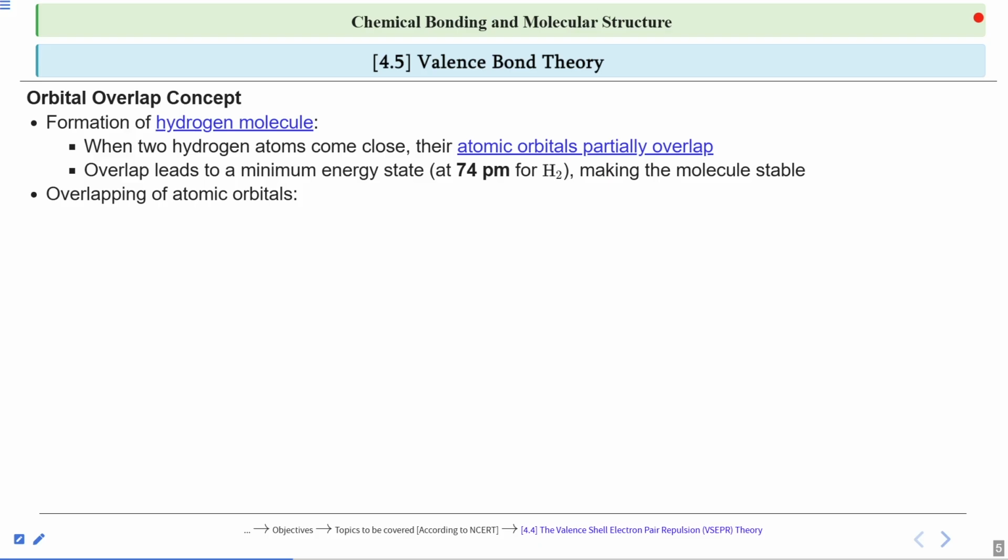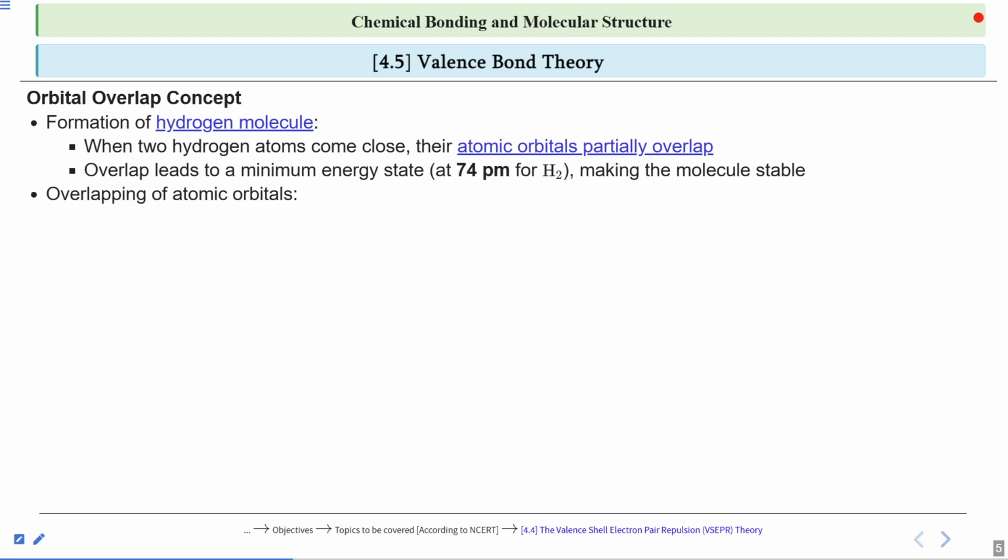Now we know that two atomic orbitals are combining here, so there must be some change in the atomic orbital, changes in their energy, change in the shape. Our discussion will be totally focused on that part.